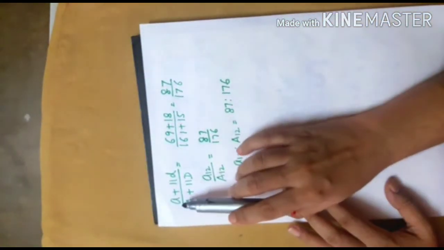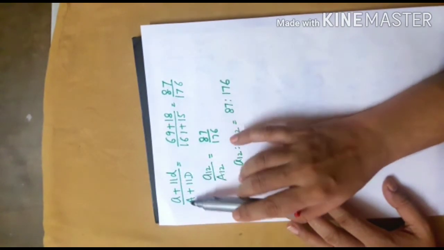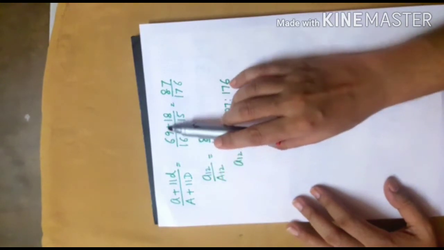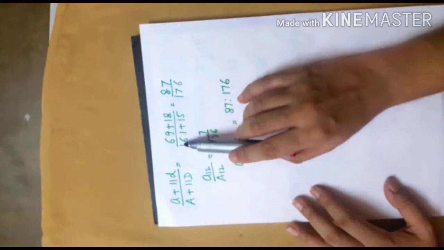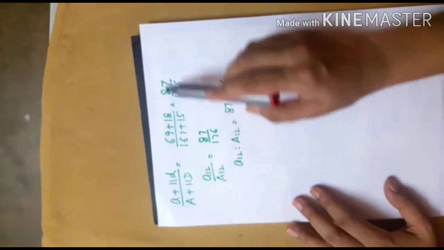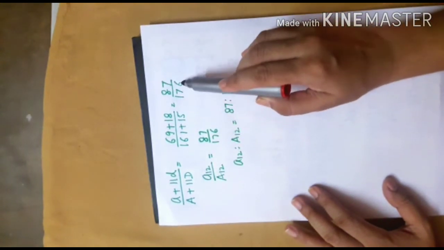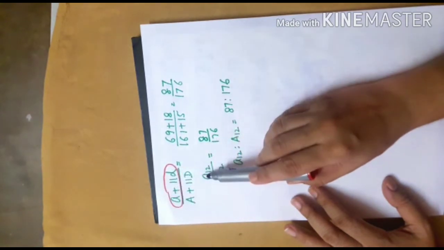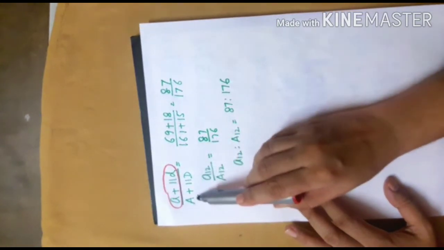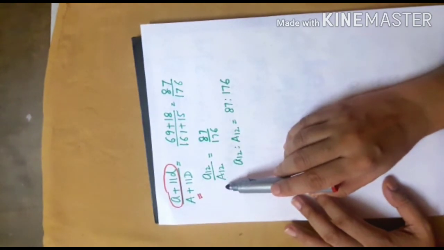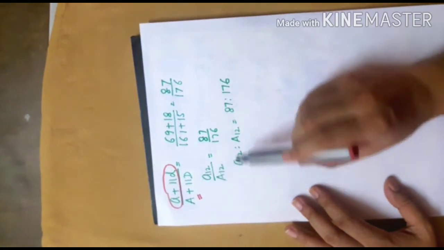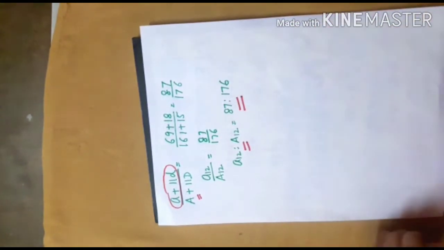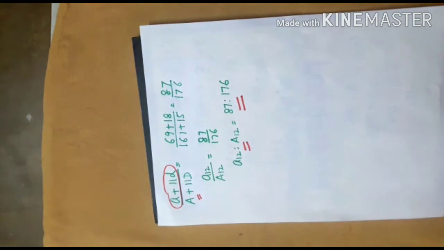So on the left hand side, I'll get a plus 11d over capital A plus 11 into capital D, which equals 69 plus 18 over 161 plus 15. That is 87 over 176. Now, this is the 12th term of the first AP and this is the 12th term of the second AP. So the ratio of the 12th terms is 87 is to 176. This is what we wanted to obtain.